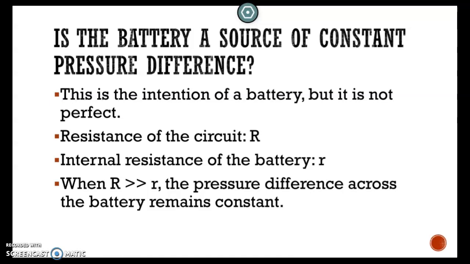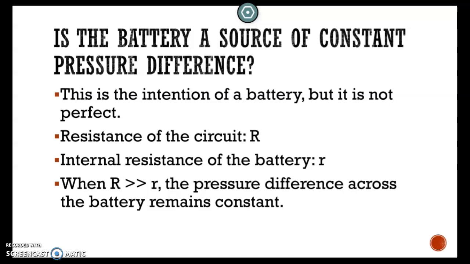Before I really jump into it, I do want to clarify what I'm writing down on this PowerPoint. First, the overall resistance of the circuit, or the equivalent resistance of the circuit, is going to be given by that capital R. But we're going to let the internal resistance of the battery be a lowercase r.